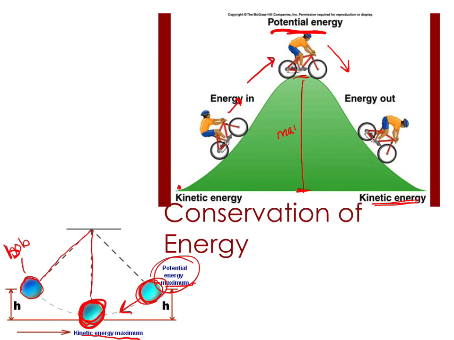So that would be its maximum potential energy. But then what happens? They go down the hill. And once they're at the bottom of the hill, all that potential energy has been converted into kinetic energy, and that is when they are at their maximum kinetic energy. Okay? So since there's a conservation of energy, we know maximum potential energy should equal maximum kinetic energy, which is really, really nice.